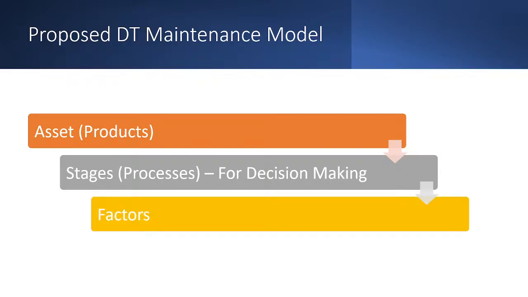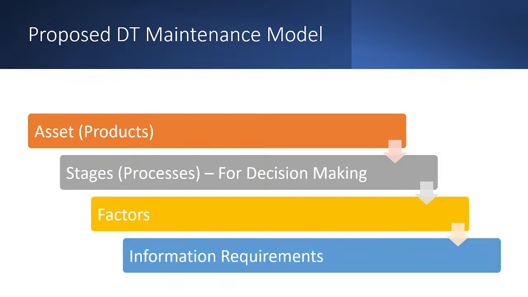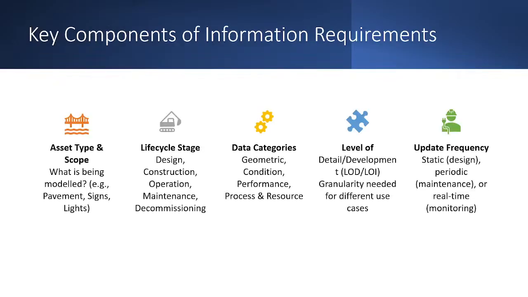Next, each of these decisions is affected by many factors. We will see how I came up with those factors, and each of these factors finally have a bin of information requirements. So with this kind of a broad framework in mind, we also know that there are multiple components of information requirements. For example, asset type and scope, what asset is there, which life cycle stage is being done.